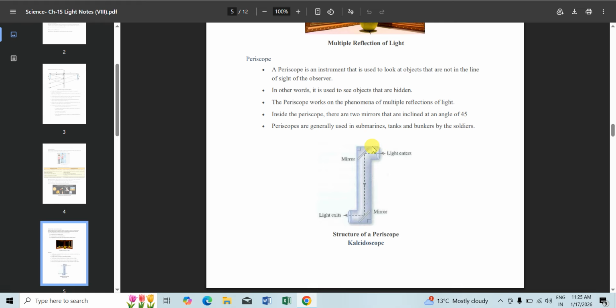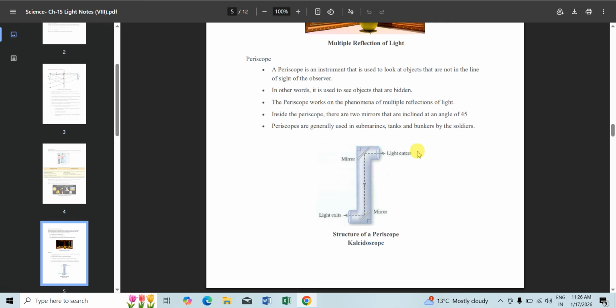Now how does this happen? So firstly, suppose here's the object and it is reflecting the light towards this hole, and the mirrors are kept at a certain angle so that the ray is reflected at 90 degrees towards this mirror, and this mirror is also kept at a certain angle so that this ray is reflected again at 90 degrees towards the human eye.